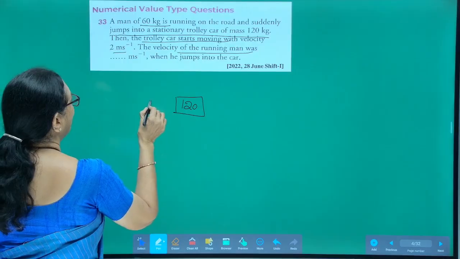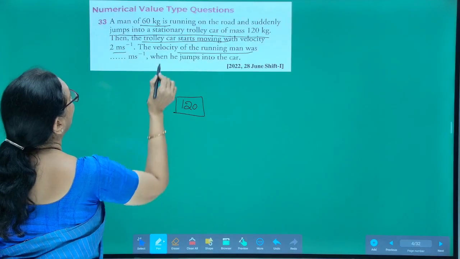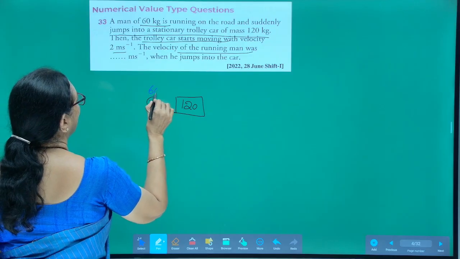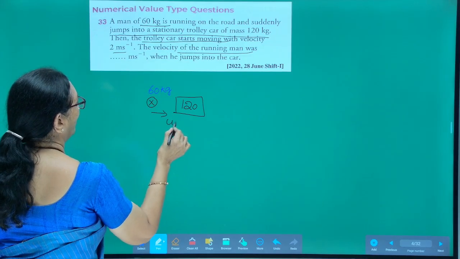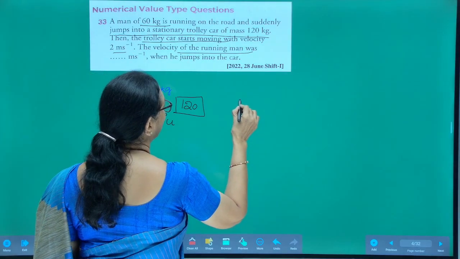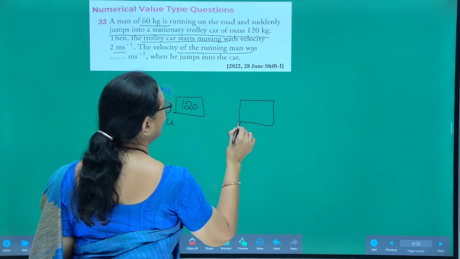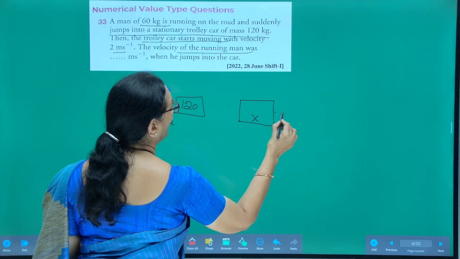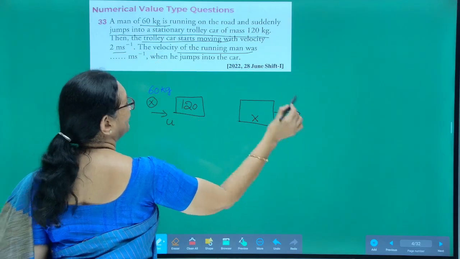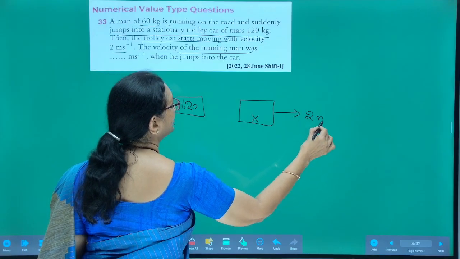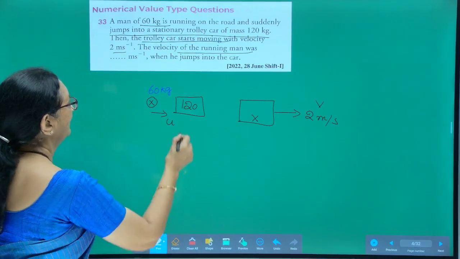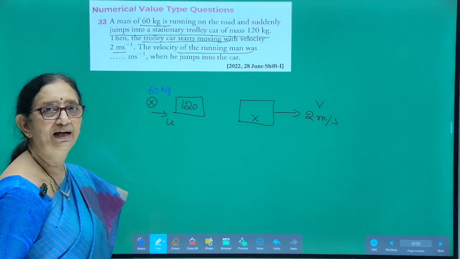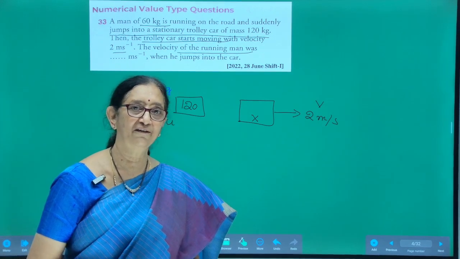A man of mass 60 kg jumps onto the trolley with some velocity. After that, both of them start moving with a velocity of 2 meter per second. This is based on the law of conservation of momentum.